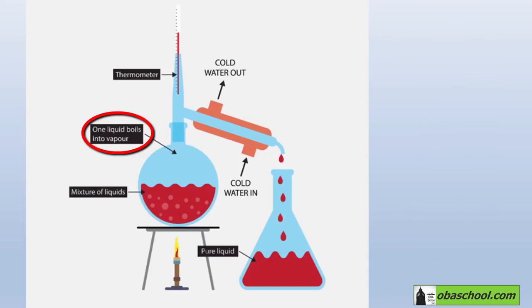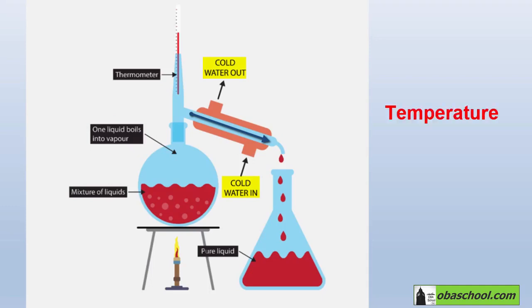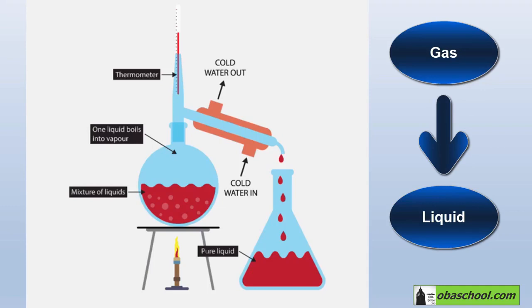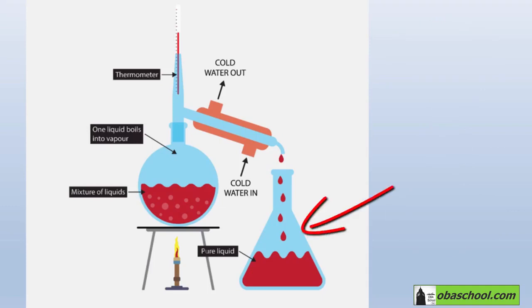The vapor of liquid A will pass then through a condenser, and cold water is circulating around the condenser, and thus the temperature of the vapor will be lowered, and after lowering the temperature it will condense back and return to the liquid phase, and then it will be collected in this flask.